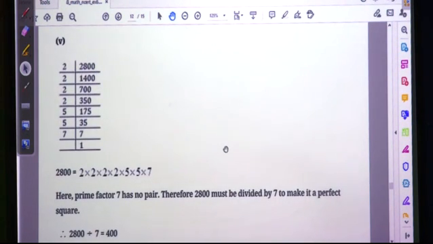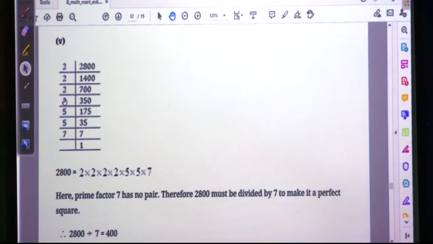2800. 2 ones are 2, 2 fours are 8, 2 zeros as they are. Because it is not 28, it is 2800. So, it will become 1400. 2 sevens are 14, 2 zeros further, because it is 1400. 2 threes are 6, 1 remaining. 2 fives are 10, and 1 more 0, because it is 700, not 70.